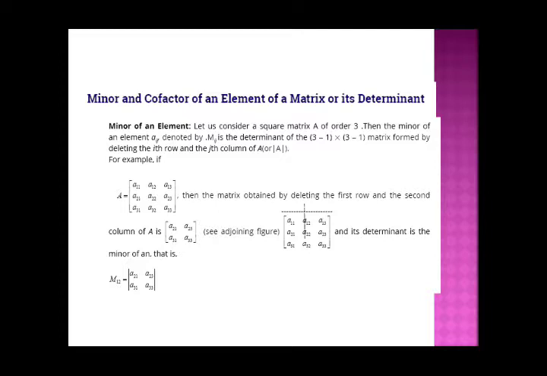Minor and cofactor of an element of a matrix or its determinant.